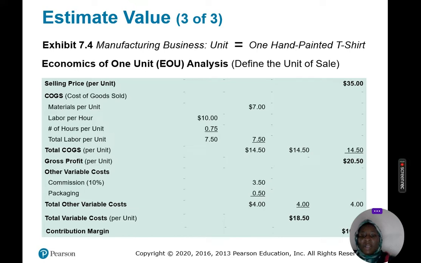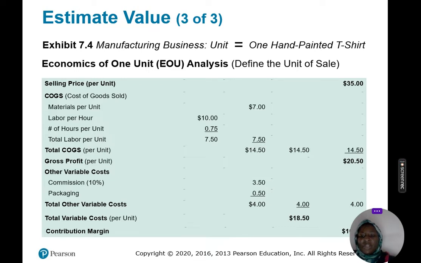Labor per hour is a variable cost, and per unit it's 0.75. If you add this together, you get $7.50. The total cost of goods sold per unit is $14.50.